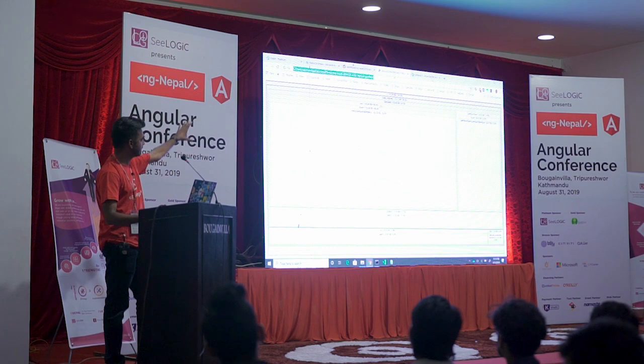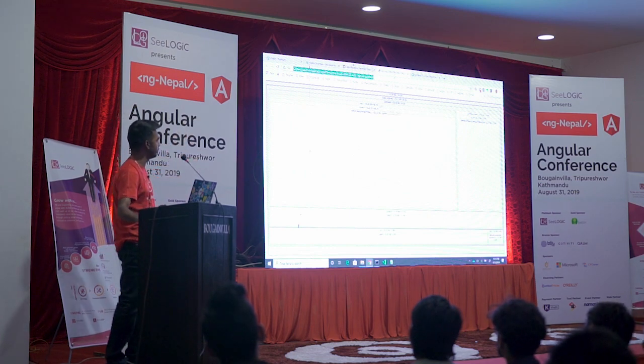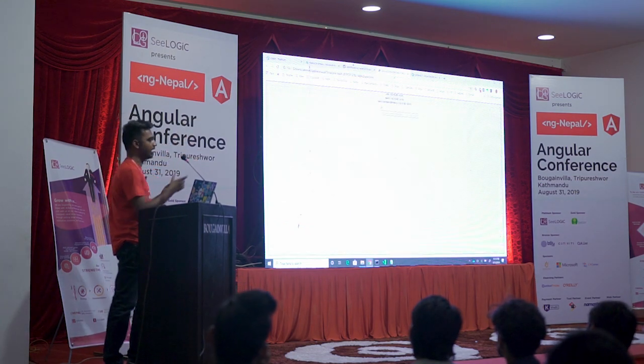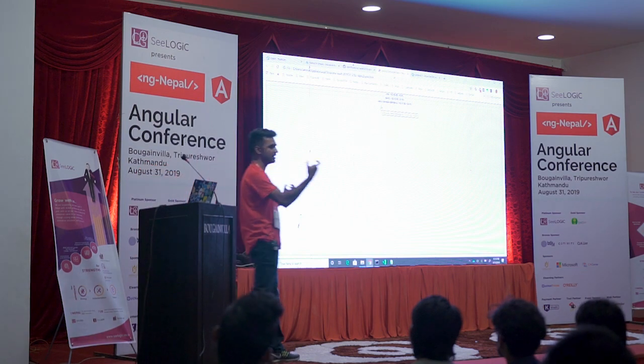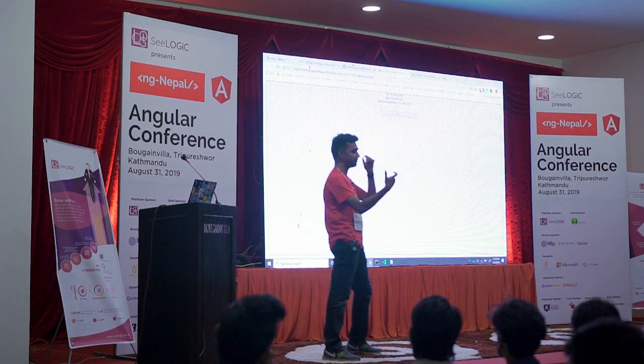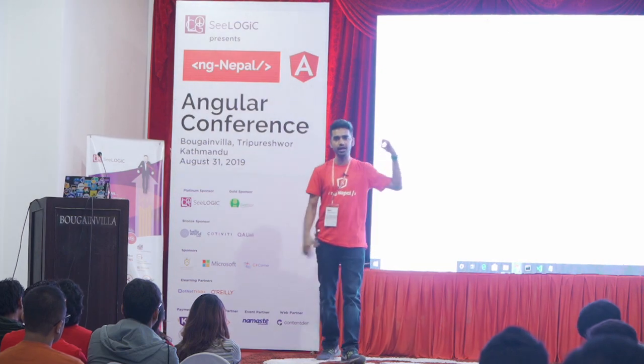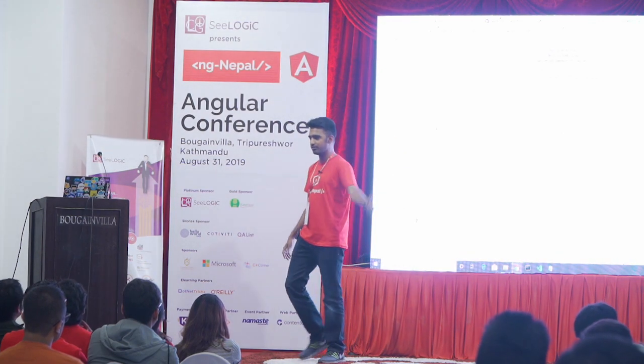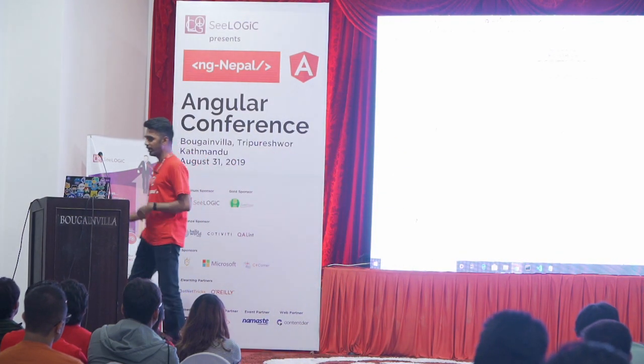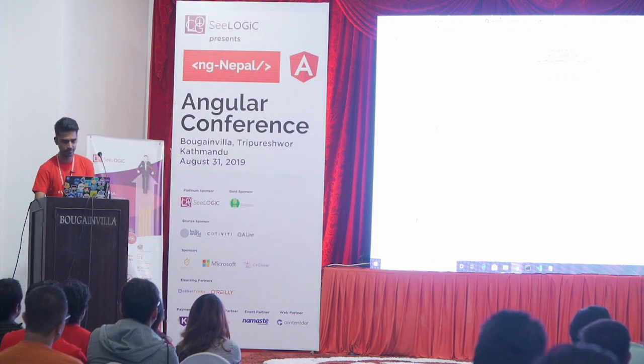You can see the different files available, and you can click each file and see the bundle size, the size of the file. So you can improve the code and make it faster. This is one of the best practices that you need to follow when you are deploying Angular applications.